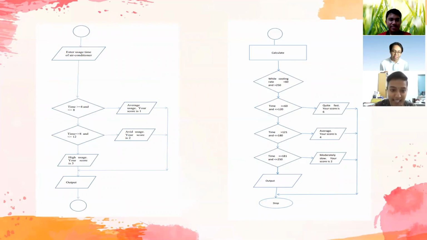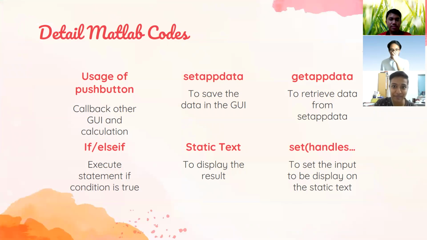In the next slide, I will be talking about the details of MATLAB codes, where the first detail is the usage of push button. The push button is to obtain scores in the first step, to calculate in the second step, to extract answers from the previous step, and for fun fact about refrigerants.